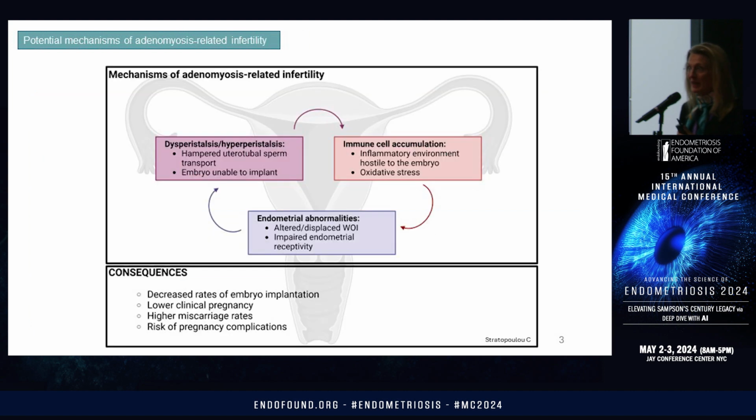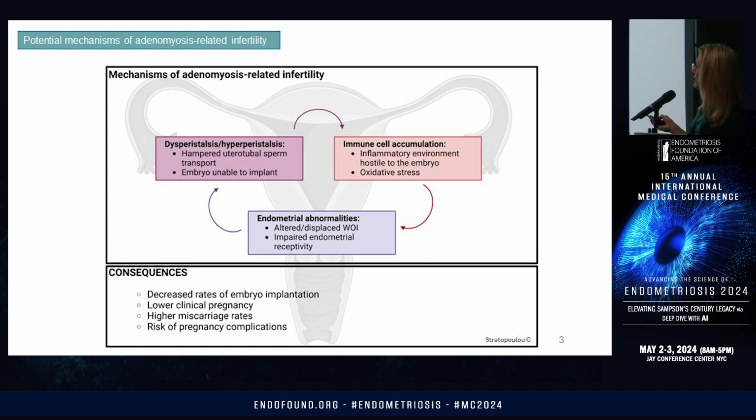What are the potential mechanisms of adenomyosis-related infertility? Starting with immune cell accumulation, I believe we have also seen in the titles of the grants that immune cells do a lot in endometriosis and adenomyosis. They produce an inflammatory environment that is hostile to the embryo, and also too much oxidative stress.